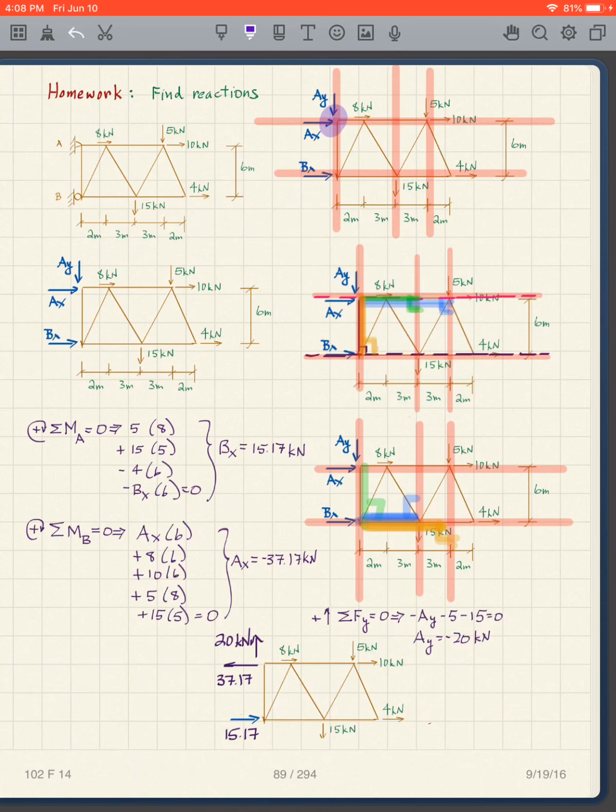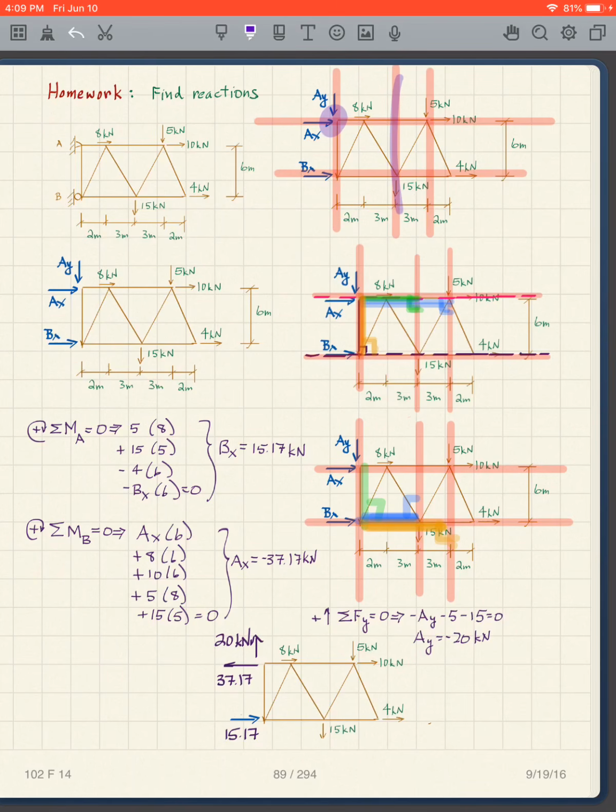Now, what are the signs here? The BX is going to send things around like that, so it's negative. The 15 is going to send things like that, so it's clockwise, so it's positive.